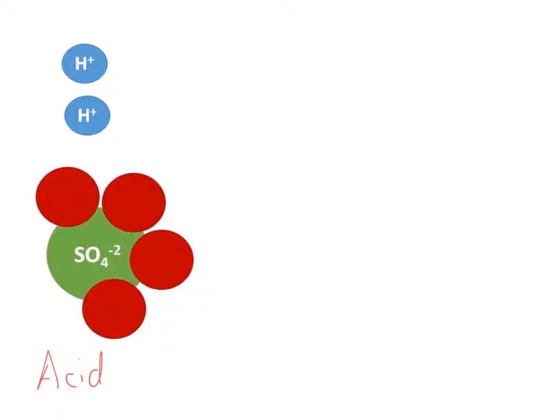And now we're going to get our base. Now our base, we're going to have our aluminum ion. Now our aluminum ion, we'll notice, has a +3 charge. So where did this +3 charge come from? Well, remember, aluminum is in group 3, so that means it's going to lose 3 valence electrons. And if we remember from our math, aluminum has 13 protons because it has an atomic number of 13.